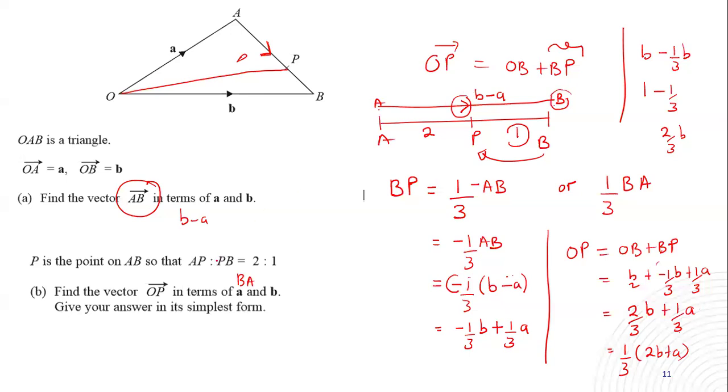From the question, are you seeing this question? Yes. Here, they told us that A to P has 2 parts and this one has 1 part. Are you seeing? So the total is the 3. But B and P, they take on only 1 part.